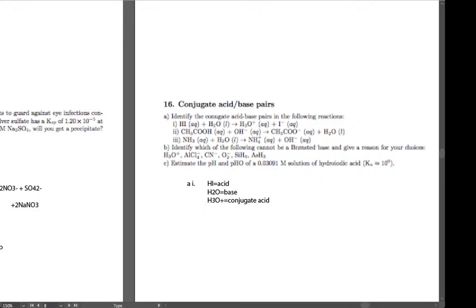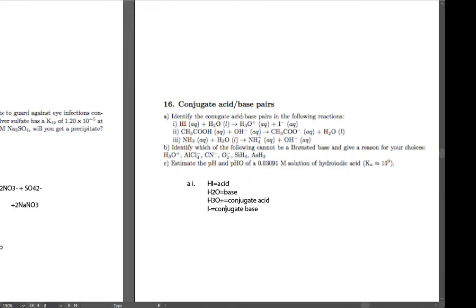And then this one here would be the I minus, which would be the conjugate base, and so the pairing would be these two here.